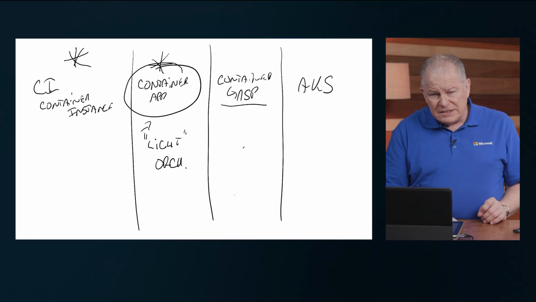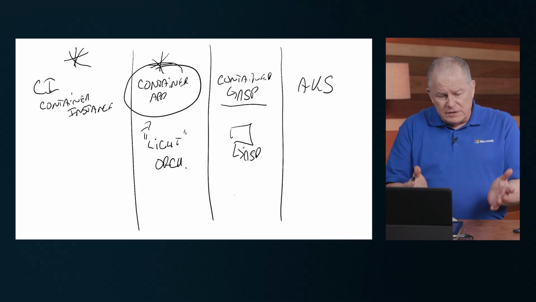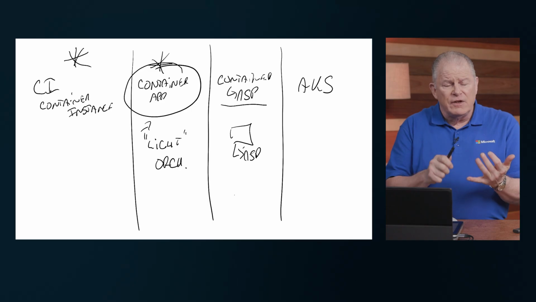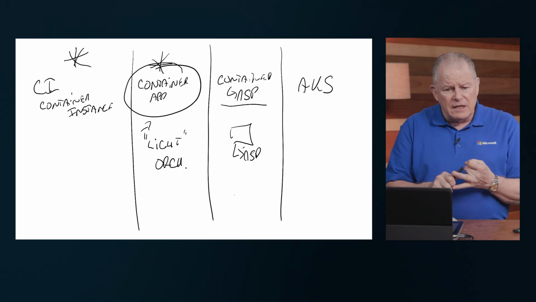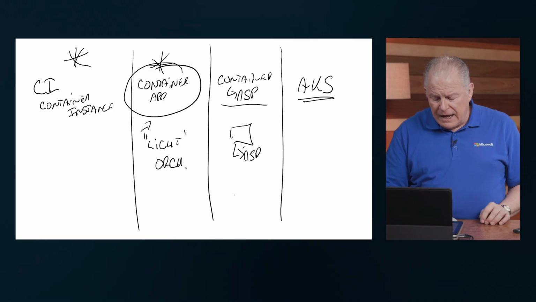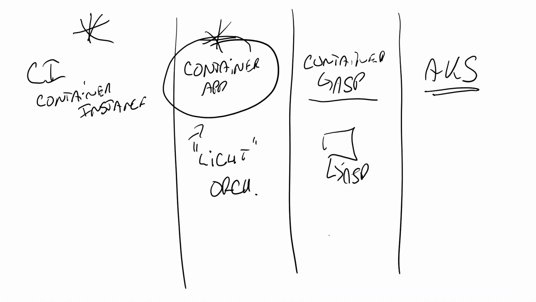A container inside of an app service plan is a single container that is getting its orchestration from the app service plan. And so if you've seen that module where we covered what an app service plan is, the orchestration of scaling, the resource allocation, all of that comes from the app service plan. And in an AKS solution, you're using a full Kubernetes solution to manage a number of different containers, all managed through an AKS solution.